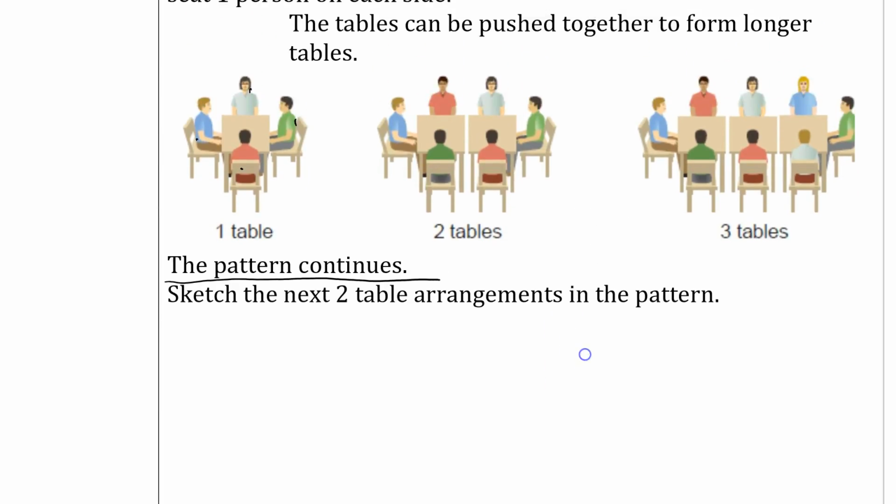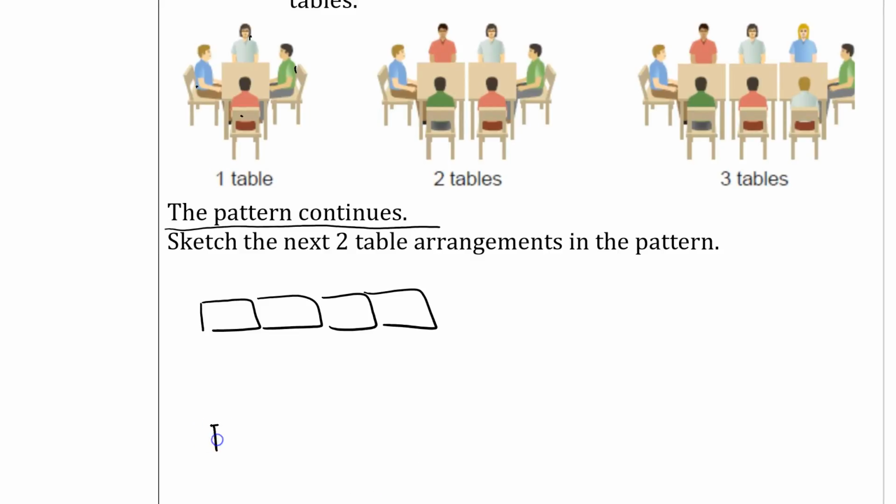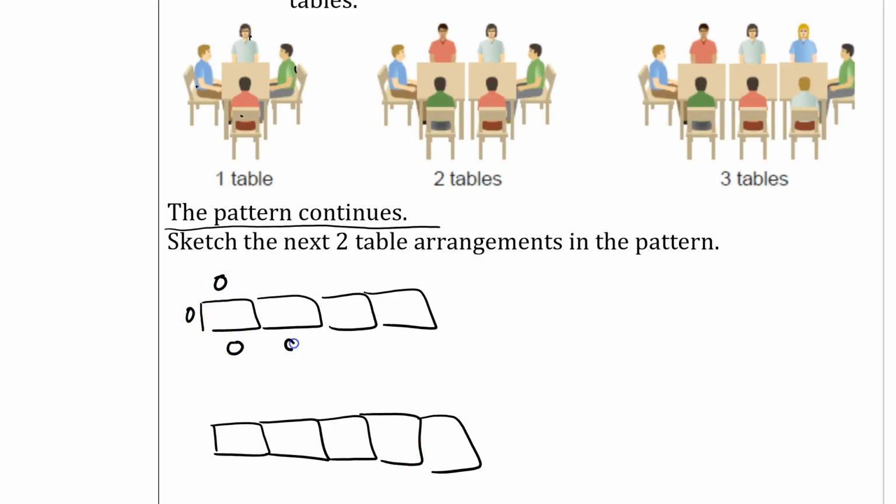Oh boy. Sketch the next 2 table arrangements in the pattern. Well, I see 1, 2, 3 tables. Now let's do 4. And now I'm not going to be as beautiful as the textbook that I took this picture from. I'm going to say, okay, here are my people, here are my tables.